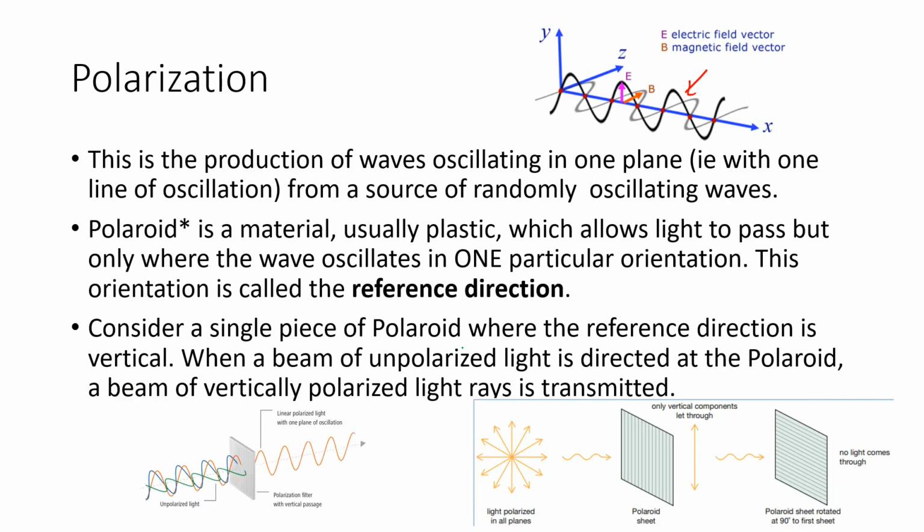Now, this is what we were talking about with polarization. It says that this is the production of a wave oscillating in one plane, that is, with one line of oscillation, from a source of randomly oscillating waves. So look at this right here. One other thing you must understand whenever we talk about light is that light is made up of two types of waves.